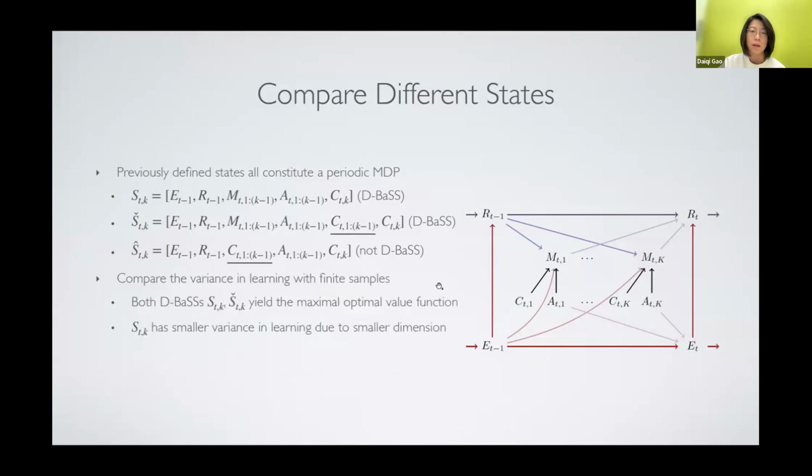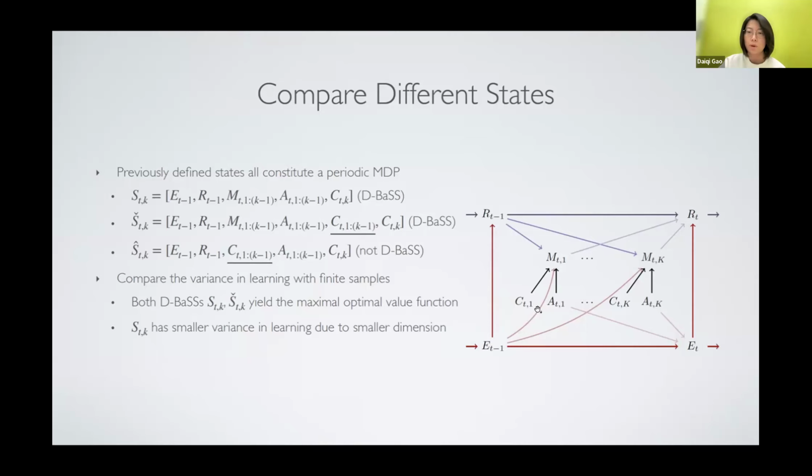And another aspect to compare the states is the learning variance, because both the sufficient statistics yield the maximal optimal value function. This happens when we have an infinite amount of data to actually learn the true optimal policy. But during the learning process, we only have finite samples. Then the sufficient statistic with a smaller dimension will have a smaller learning variance.